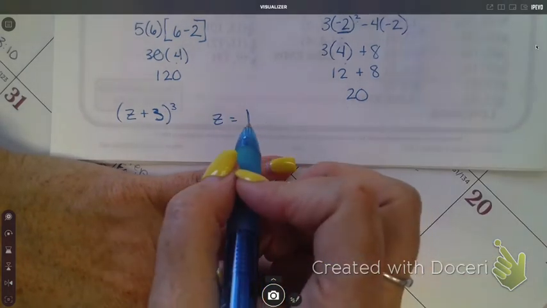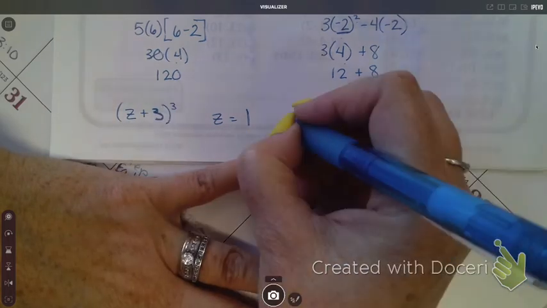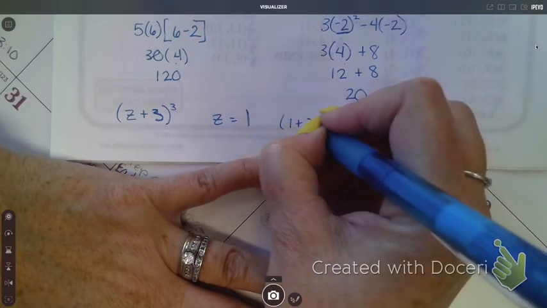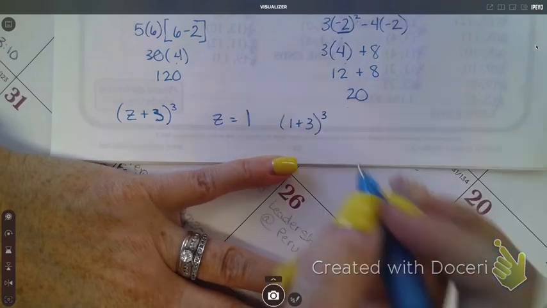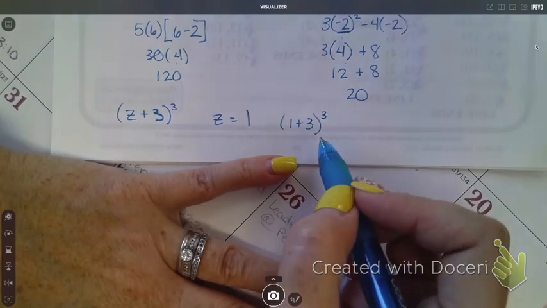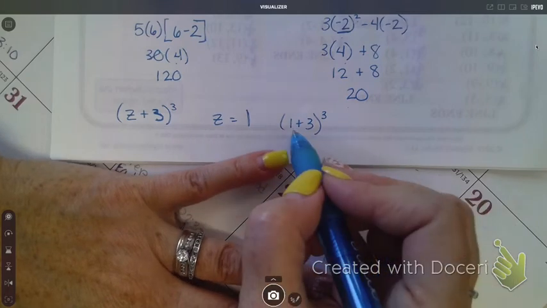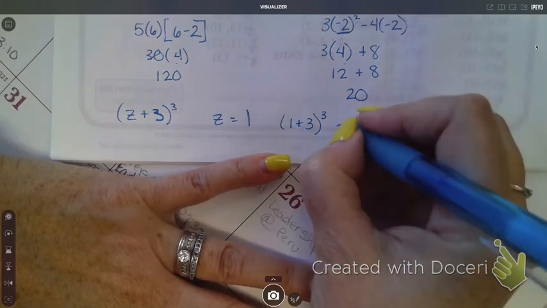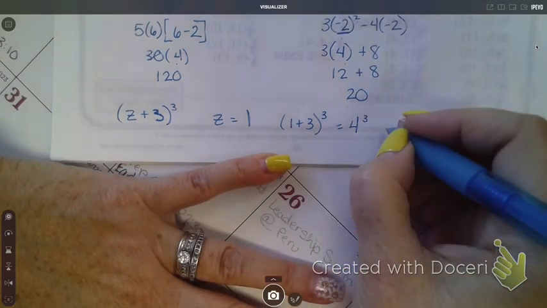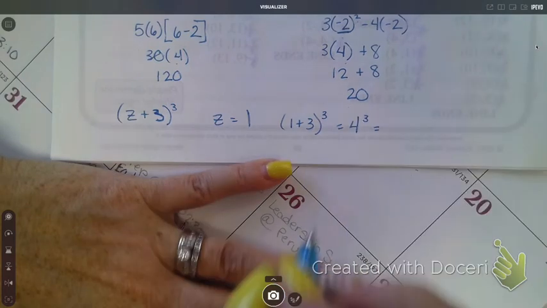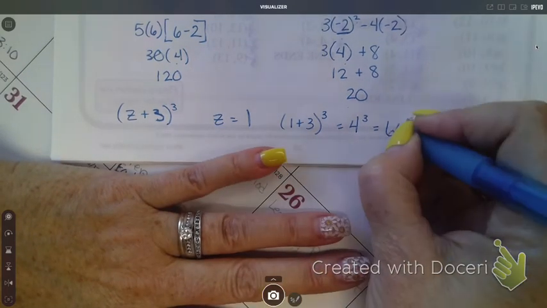Plug in the Z, yes? So I get 1 plus 3 cubed. So what do you do first? Add. So you get 4 cubed, which is, what is 4 cubed? 64.